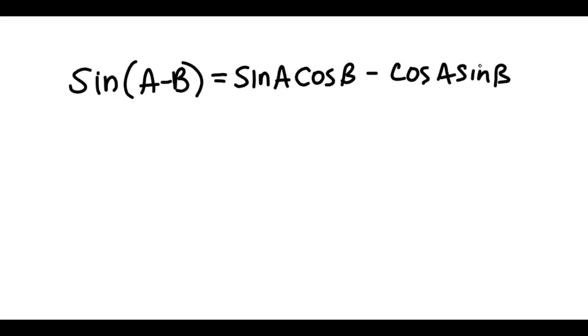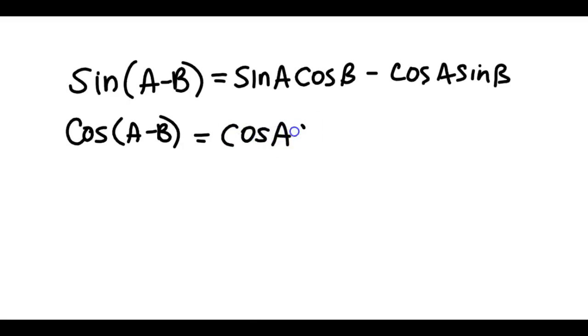And cos A plus B also has another one, if it's cos A minus B. And it follows the same as the positive version, except it just has a positive in between if it's the negative one.